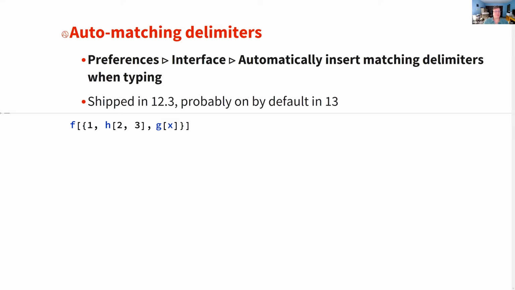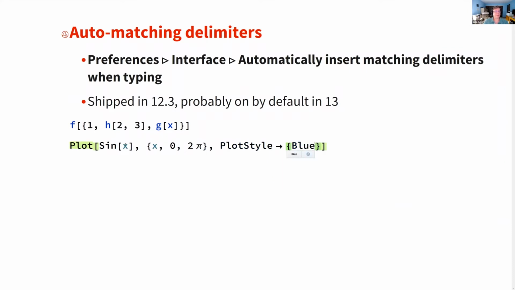It has to have some decent heuristics, and I think that we've done that. So basically we have something that works, and it works with strings as well, or comments.